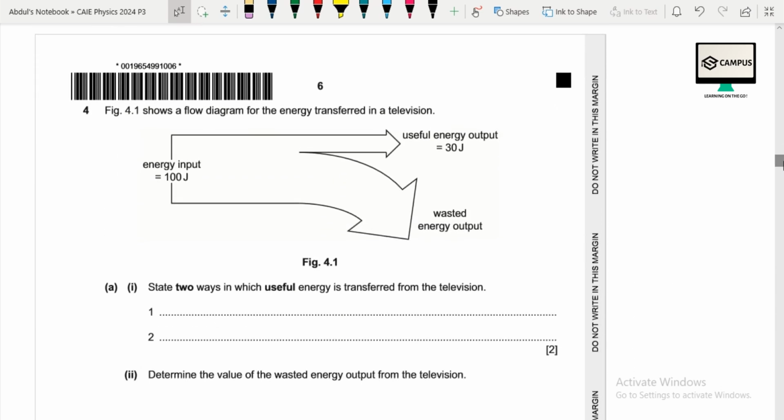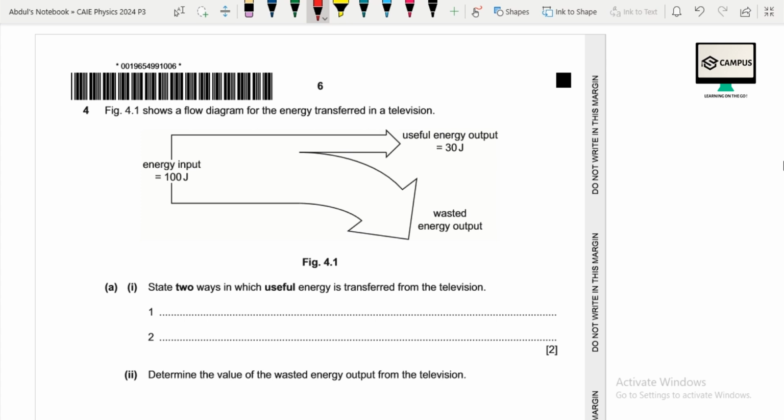Moving on to question number 4. Figure 4.1 shows a flow diagram for the energy transferred in a television. That's total energy, some useful and some wasted. State two ways in which useful energy is transferred from the television. When we're talking about useful energy, we talk about the energy used in the intended purpose.